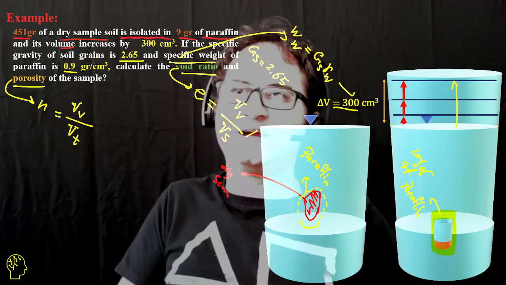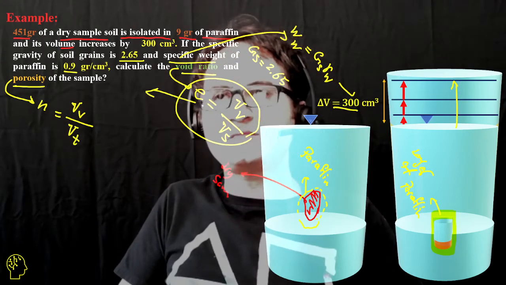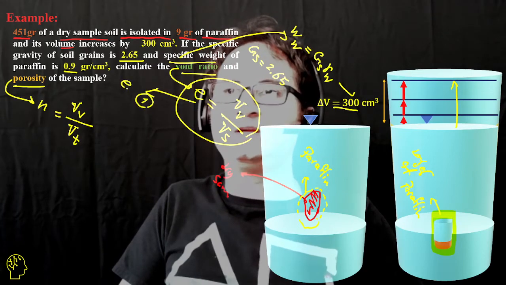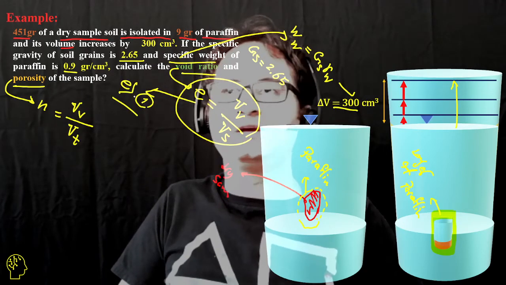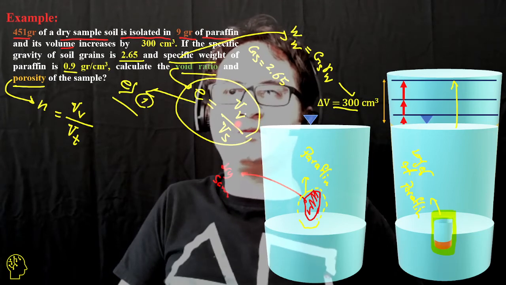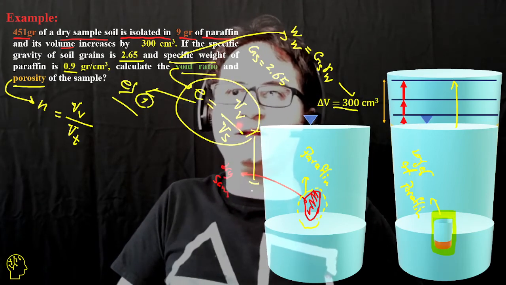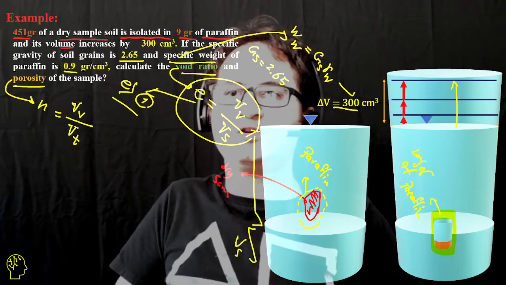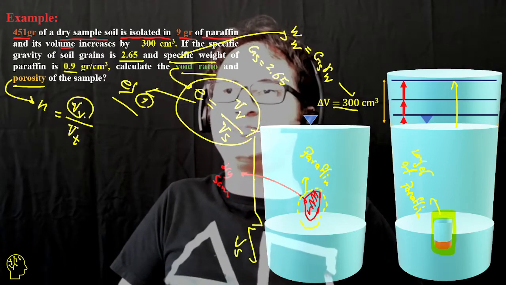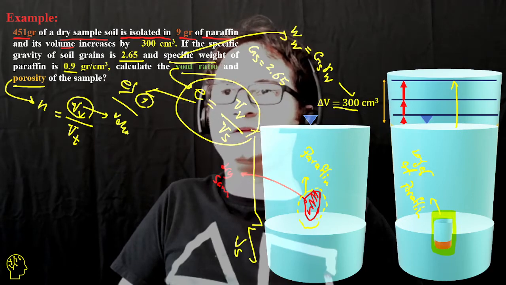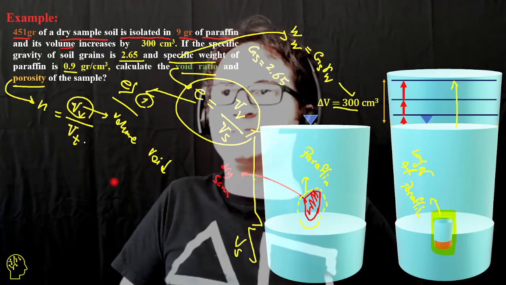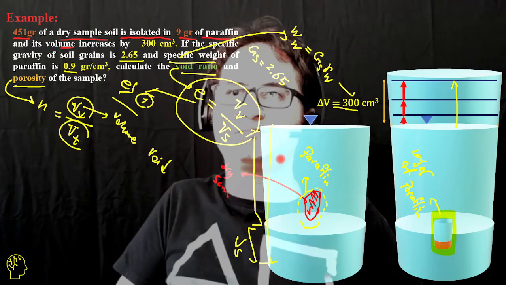So we can have a void ratio bigger than 1. e can be higher than 1 due to the fact that the volume of void can be higher than, for example, the volume of soil, but the volume of void can never exceed the total volume.